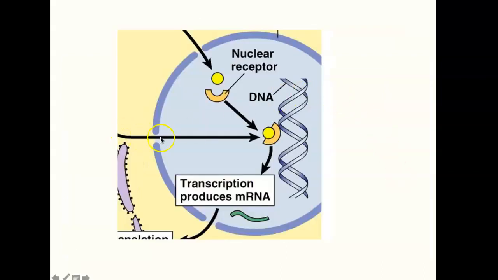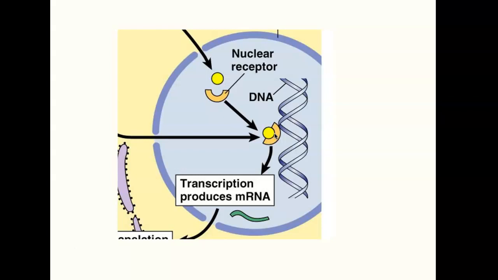This is the first arrow showing, coming into the nucleus. And what's going to happen now is there's, like in peptides, some protein is going to have the effect of changing the behavior of that cell. Only in this case of the steroids, you haven't made the protein yet.